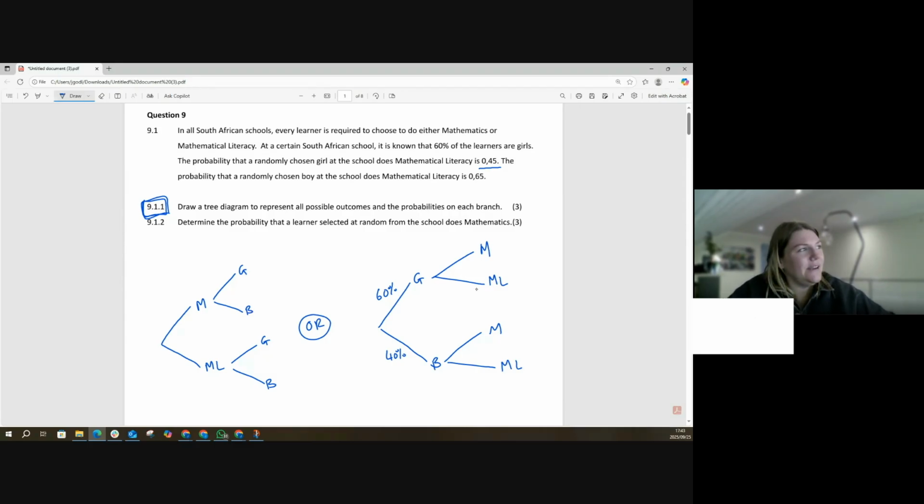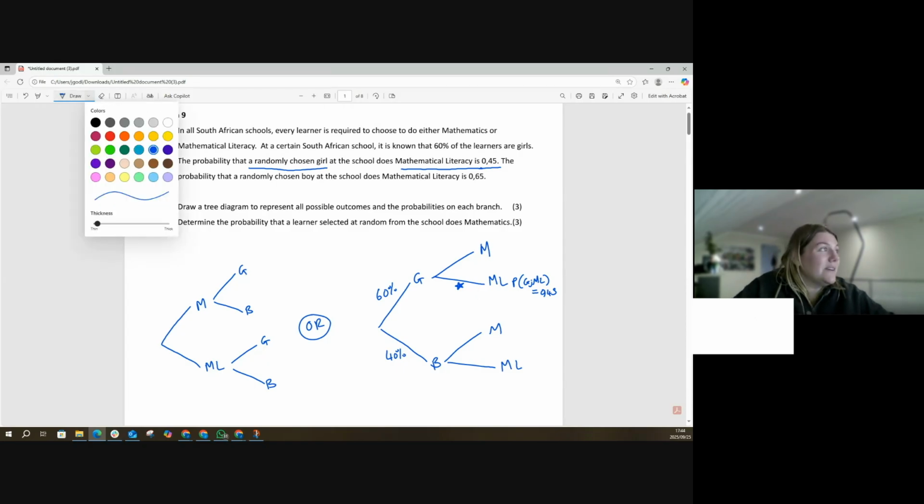Because it's saying the probability that a randomly chosen girl at the school does maths literacy is 0.45. That's not a branch. That means that the probability of a girl doing maths literacy is equal to 0.45. So it's not this one over here. That was the tricky thing about this question.